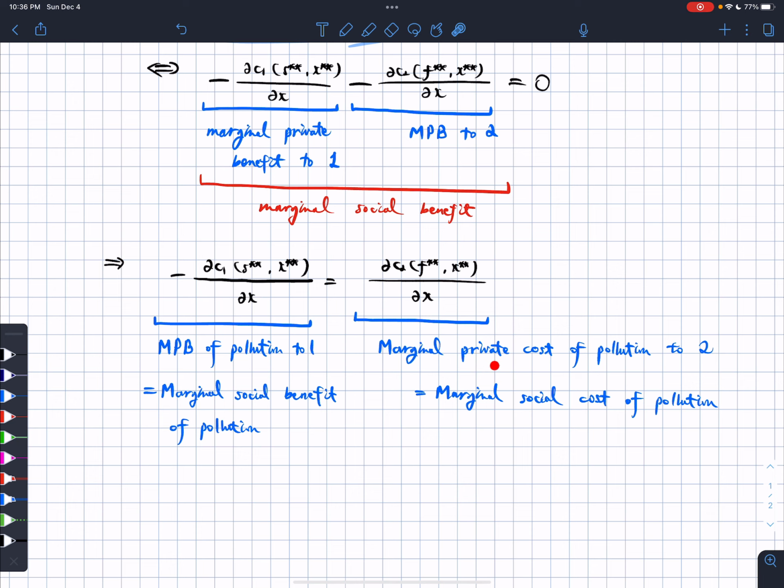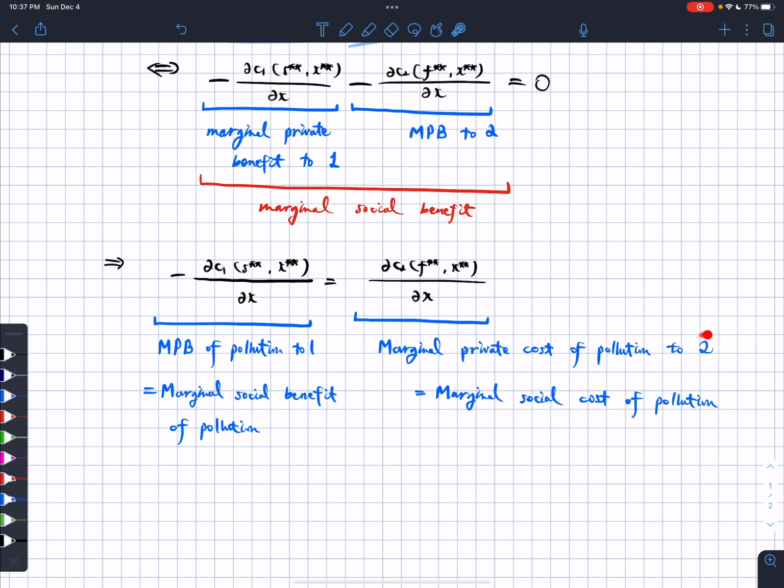But here social is a concept that applies to all the firms in the model. Here in our model there are only two firms, and therefore this marginal social cost would include the cost of pollution to firms 1 and 2. But there's only this cost to firm 2, right?